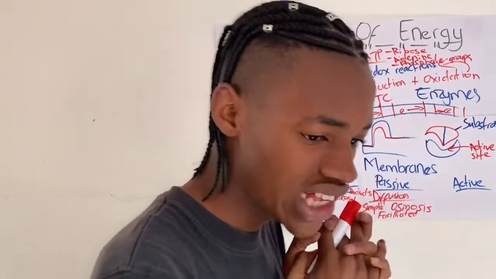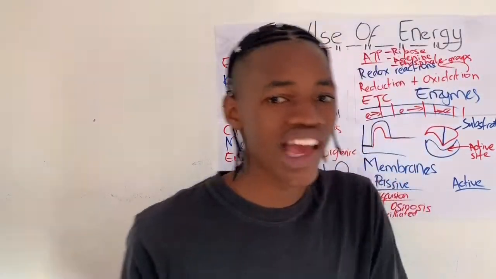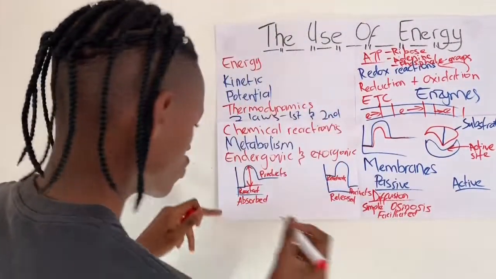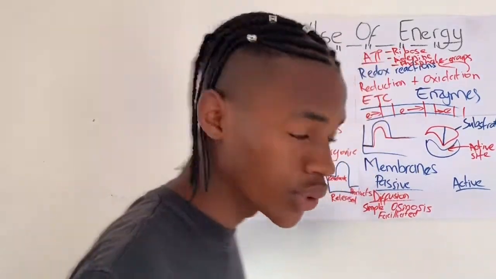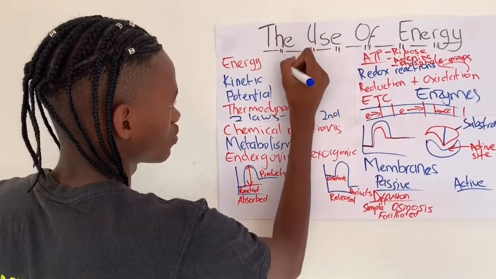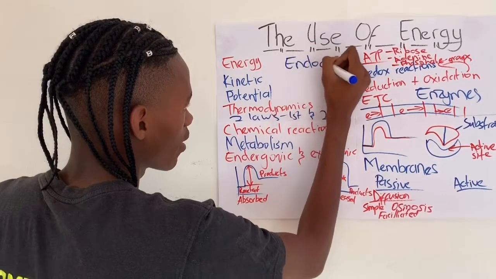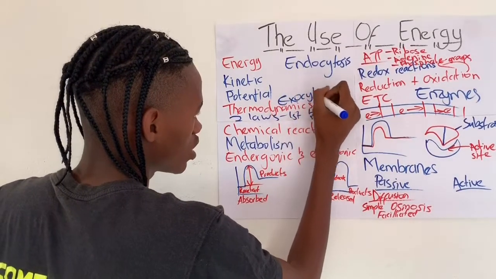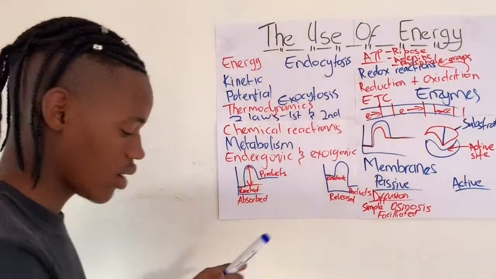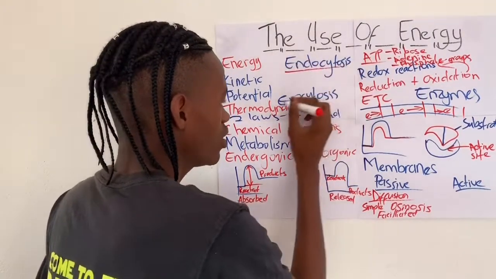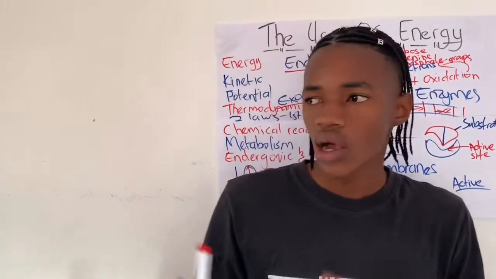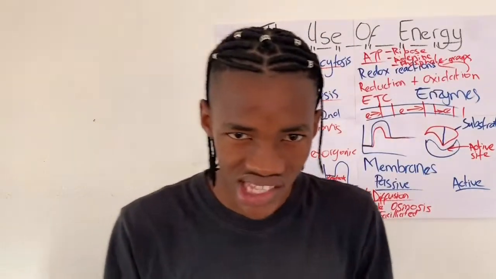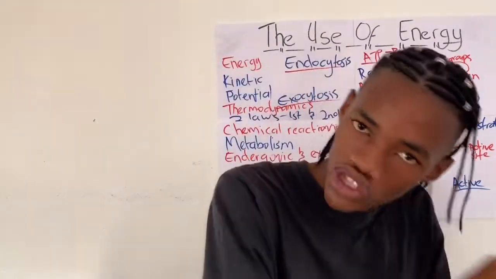And now the last part of this topic, we are going to talk about endocytosis and exocytosis. Okay, let's use a blue pen. Endocytosis is when molecules, solids, and substances move into the cell, right?